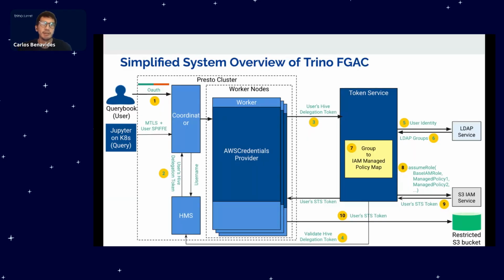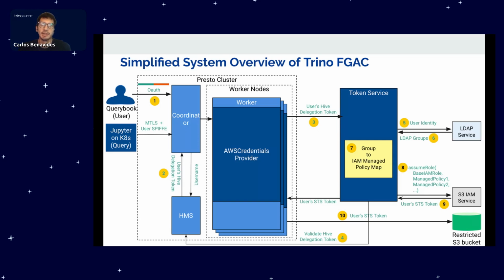To provide a quick overview of Trino FGAC, first, the user authenticates in 2 ways. The first way is using OAuth, which is generally used for ad hoc, and the second way is by Spiffe ID, which is used for scheduled Trino jobs. Once a user is authenticated, we then request a delegation token from our Kerberized Hive metastore.